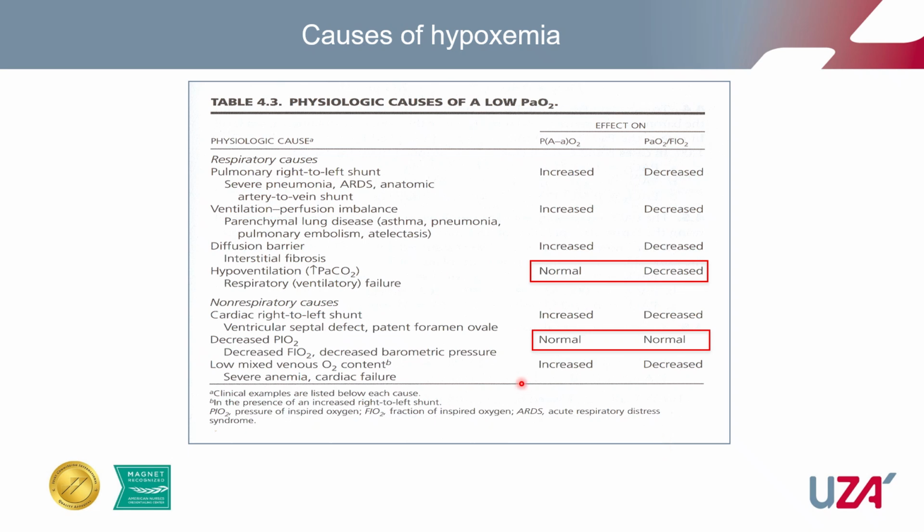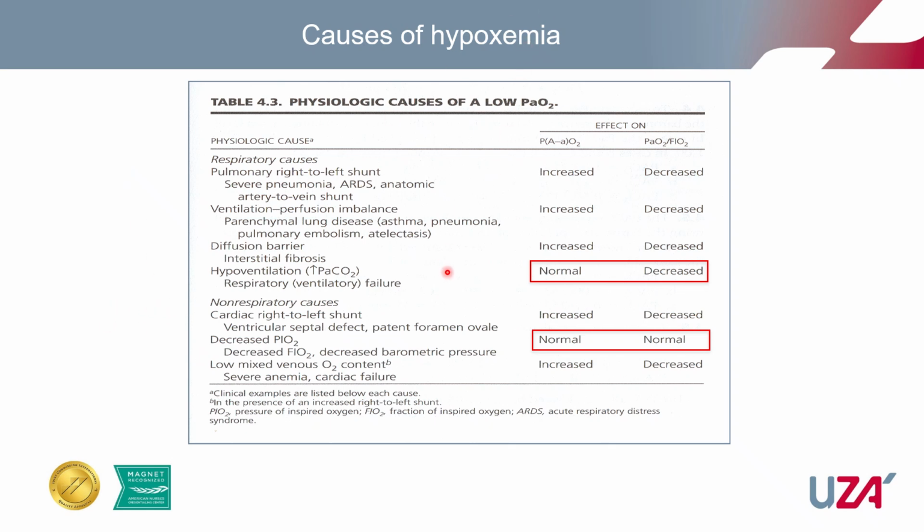The causes of hypoxemia may also be grouped according to the effect on the AA difference and the ratio between the oxygen tension and the inspiratory oxygen fraction. The causes of the hypoxemia may be either respiratory or non-respiratory.